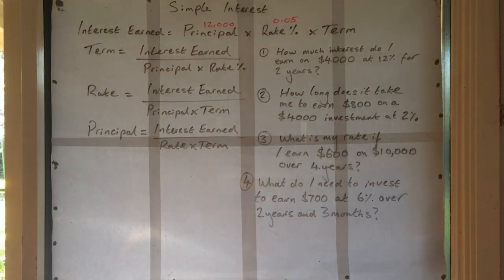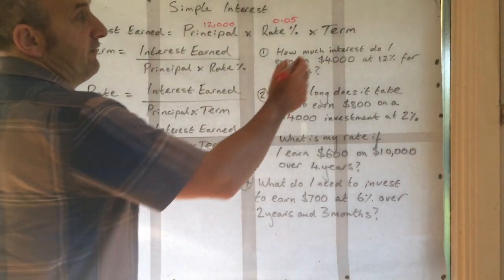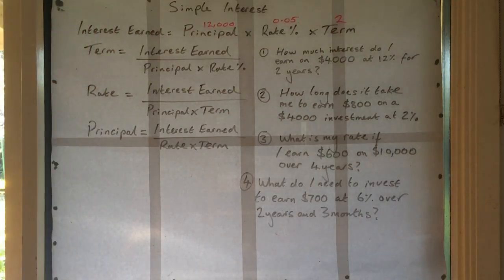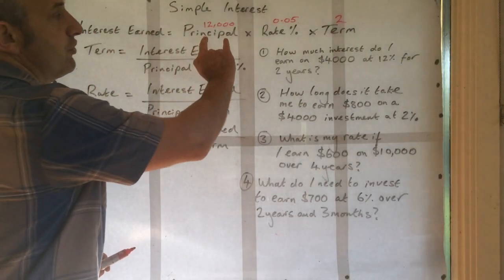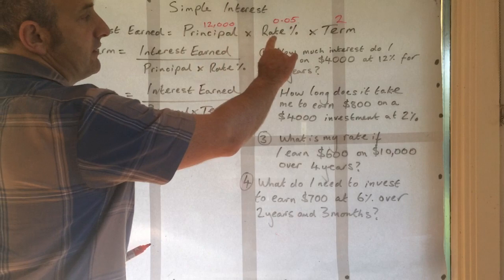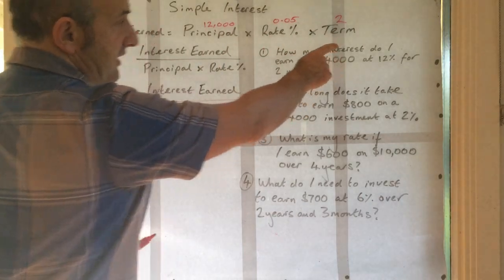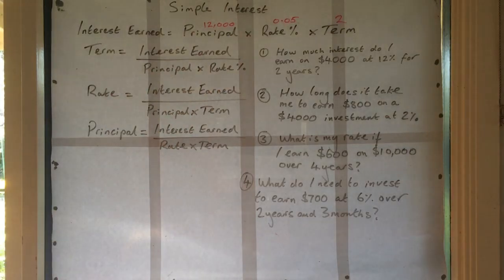And then we ask, what term are you earning this over? Maybe I'll leave it in the bank account for 2 years. So now, if I did 12,000 times 0.05 times 2 for 2 years, whatever that gave me would be the amount of interest that I'd earn on this money.